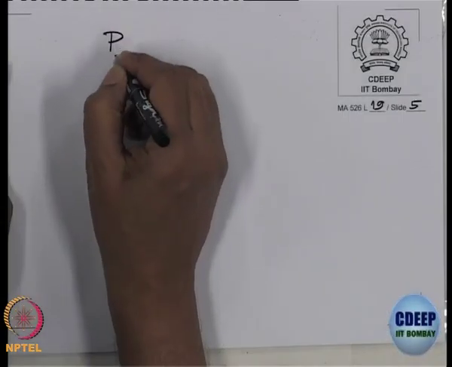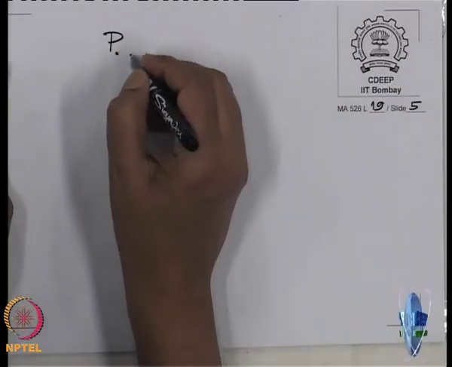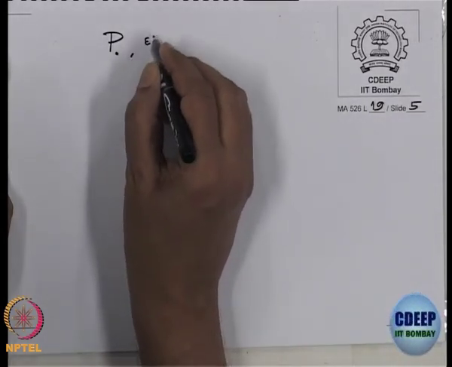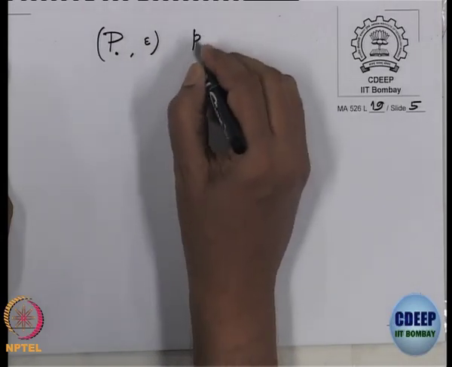I will come back to it when we calculate something. Every module has a projective resolution, and the projective resolution is usually denoted by P dot, with the map epsilon. This is the projective resolution of M.